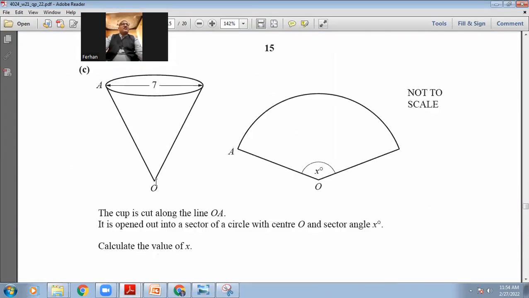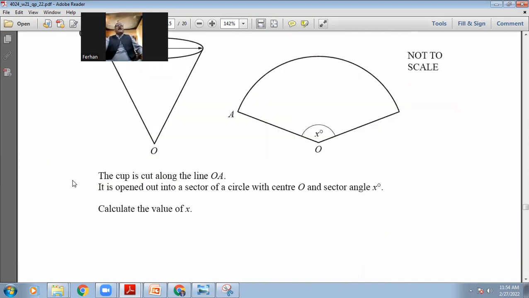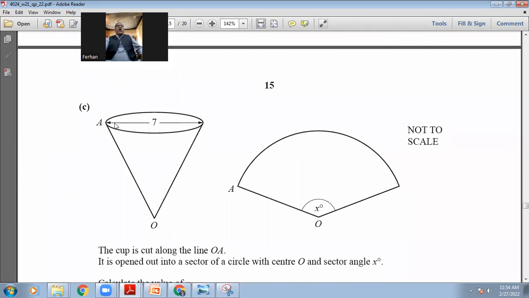The next part of this question, it's the C part. He says, the cup is cut along the line OA. It is opened out into a sector of a circle with the center O and the sector angle X. Calculate the value of X. So whenever you cut the cone and the cone is opened and it becomes flat like a paper, it is in the shape of a sector.